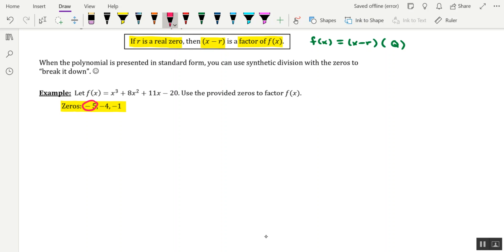Now, how do we use a zero to start factoring a polynomial function? Well, what you're going to have to do is some synthetic division with this zero. So I'm going to put -5 in that first half box, and then the coefficients of our dividend, which is our polynomial, to the right of it: 1, 8, 11, and -20.